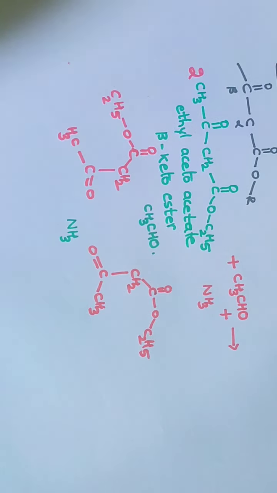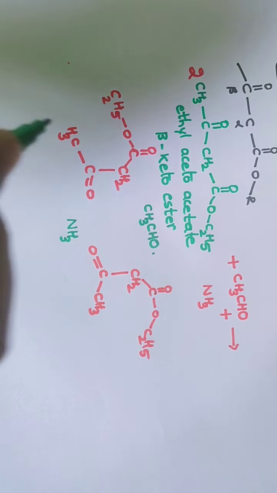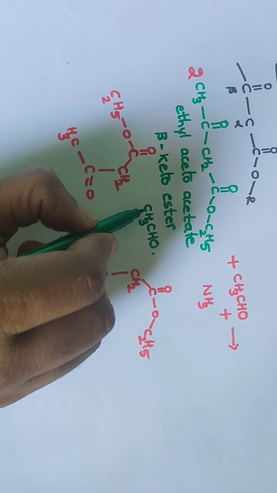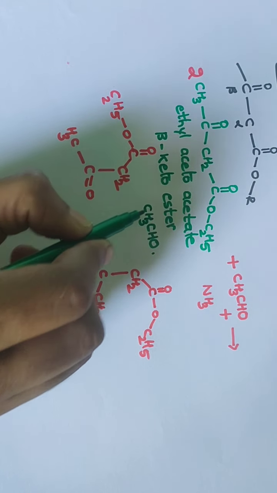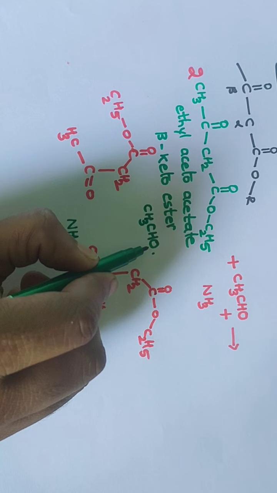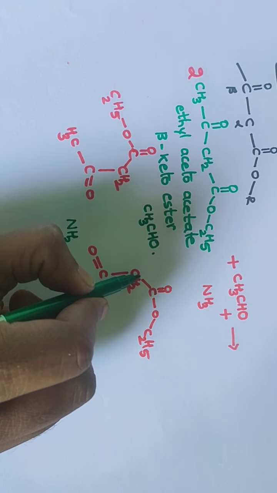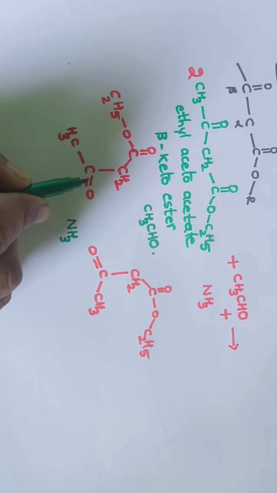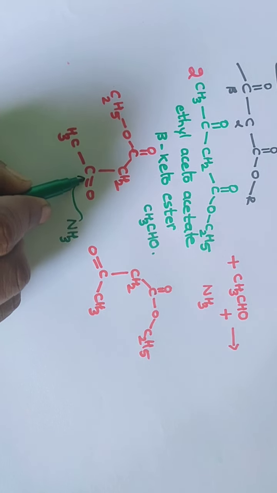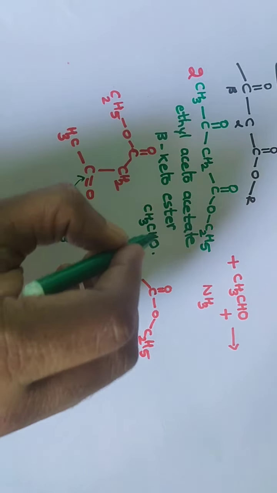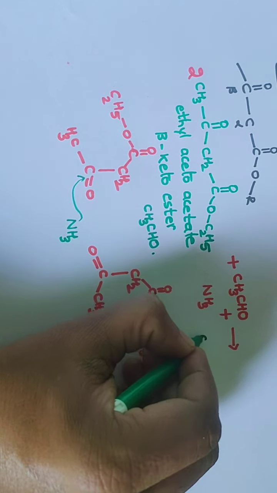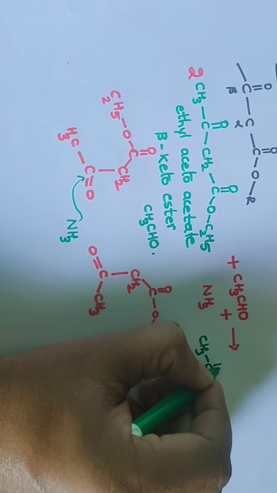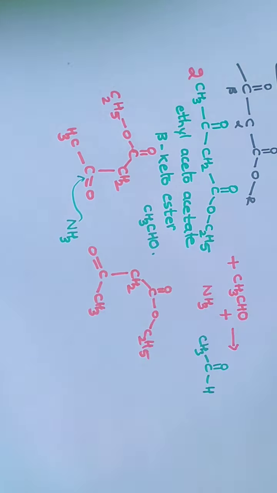So what happens is one aldehyde molecule will condense with one ethyl acetoacetate, and the other ethyl acetoacetate gets condensed with an ammonia molecule. So ammonia and ethyl acetoacetate get condensed: this nitrogen attacks this carbon and forms a bond. This aldehyde is generally CH3 C double bond OH, right?